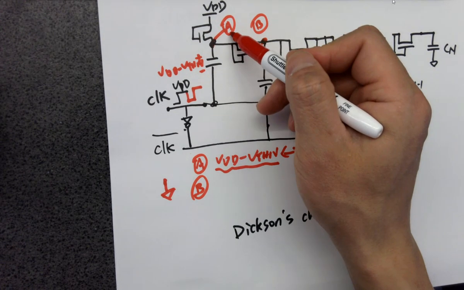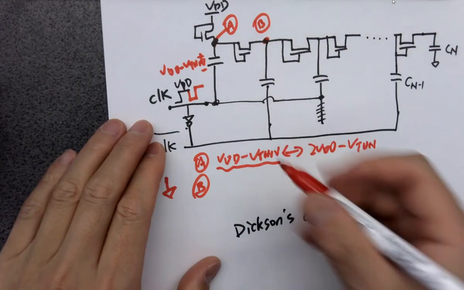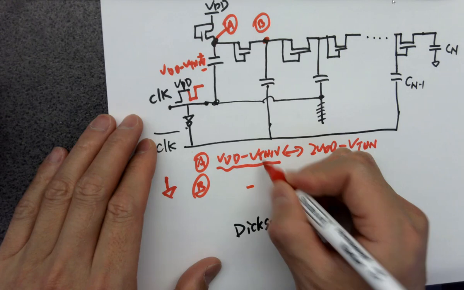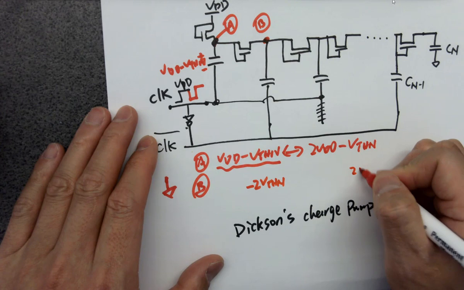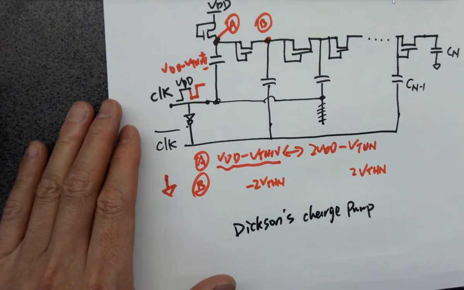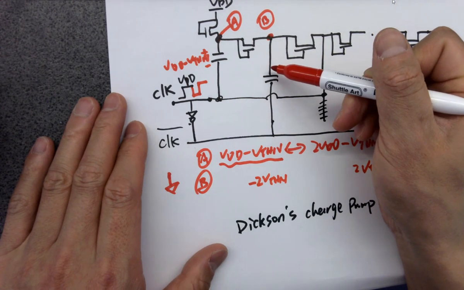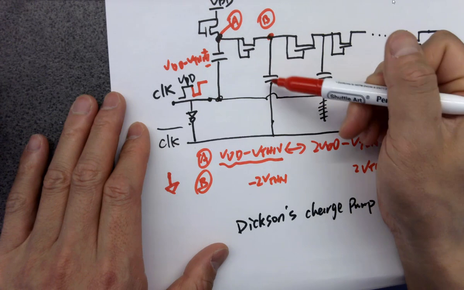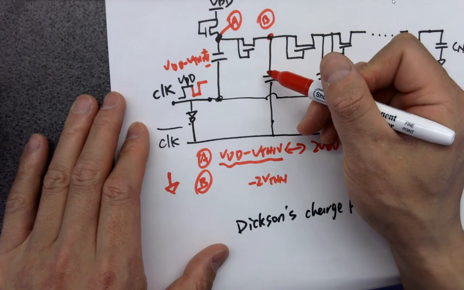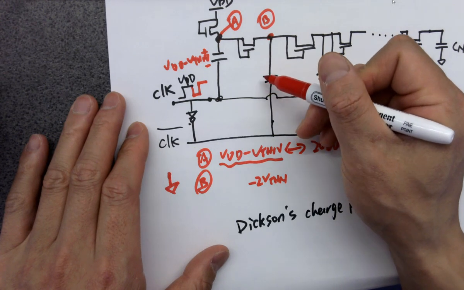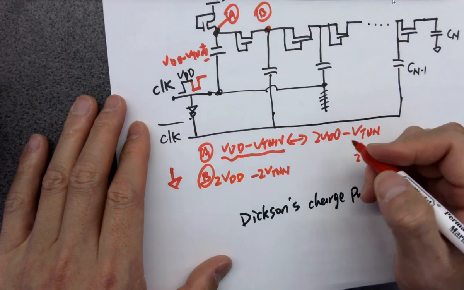Just let this voltage from A pass through to B. In that case, you are definitely losing 1 more VTHN, so you are getting 2 VTHN subtracted. However, this is adding another VDD to it, because whenever this is pushing, it's forming another VDD. So in that case, you should add another VDD to each state.